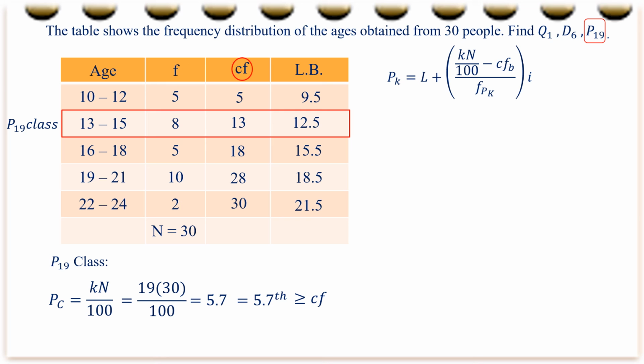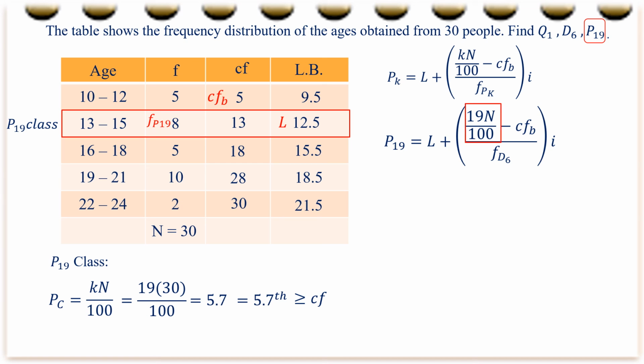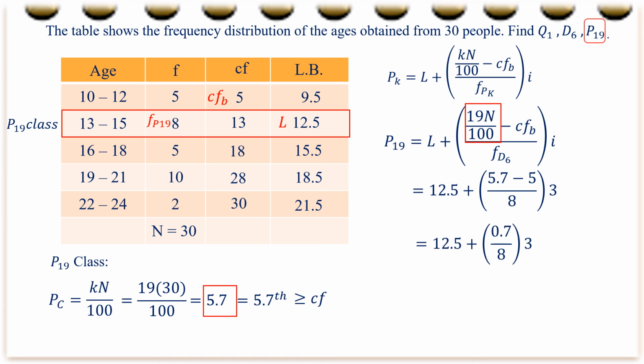From your P19 class, we determine the lower boundary L, which is equal to 12.5, your CFB, which is equal to 5, and the frequency of your P19 class, which is equal to 8. Then 19n over 100 is equal to 5.7. Substituting all the values, we get 12.5 plus 5.7 minus 5 divided by 8 times 3.